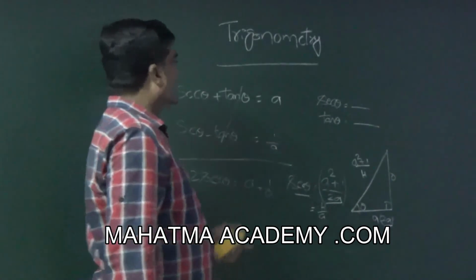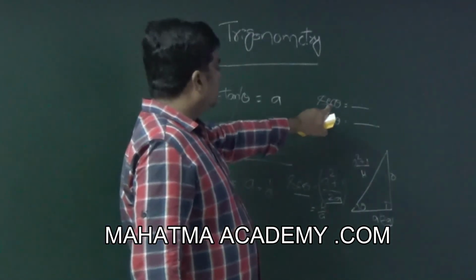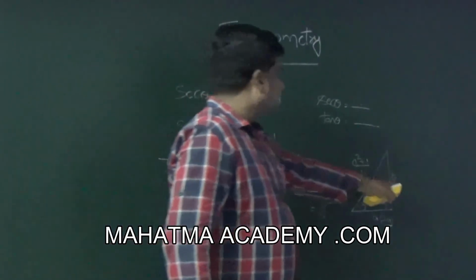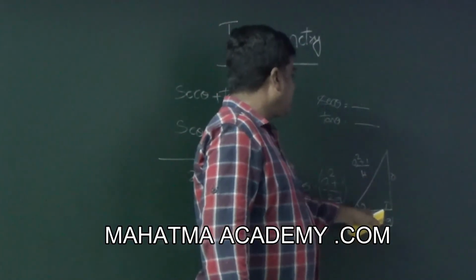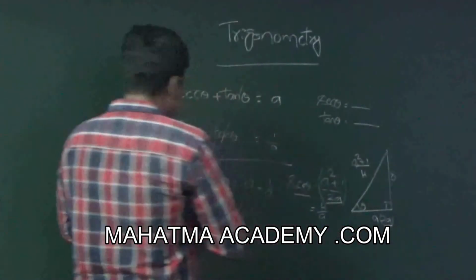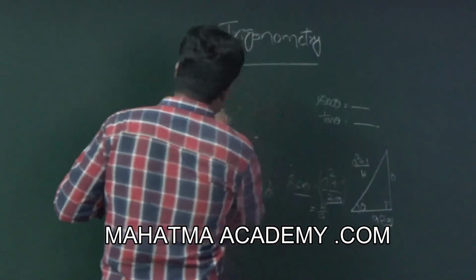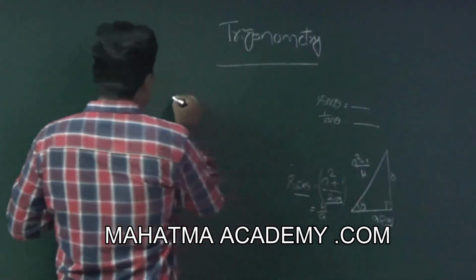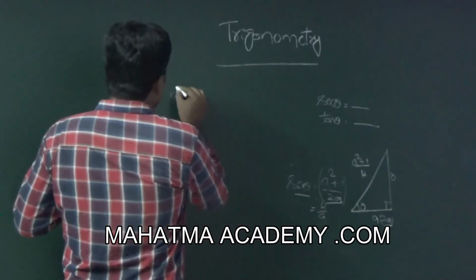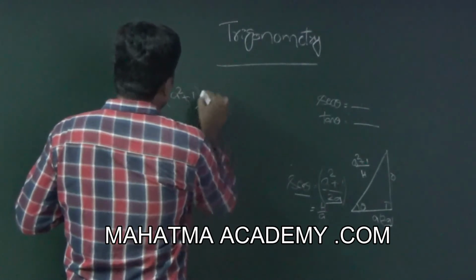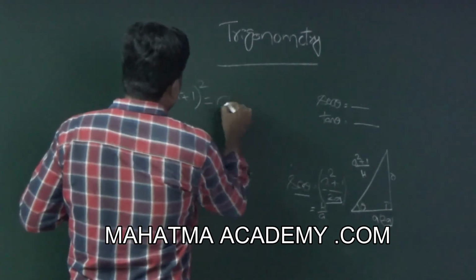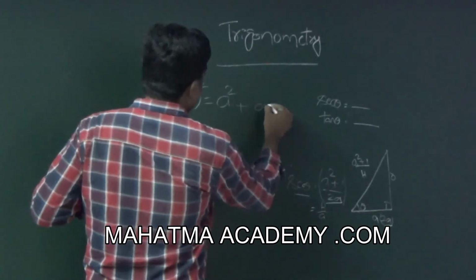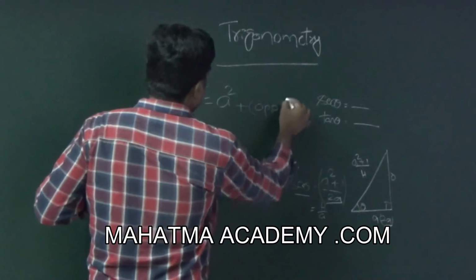We can find other trigonometric ratios, that is sin theta, cos theta. First of all, we find the opposite side. How to find the opposite side? Hypotenuse square equals adjacent square plus opposite side square.